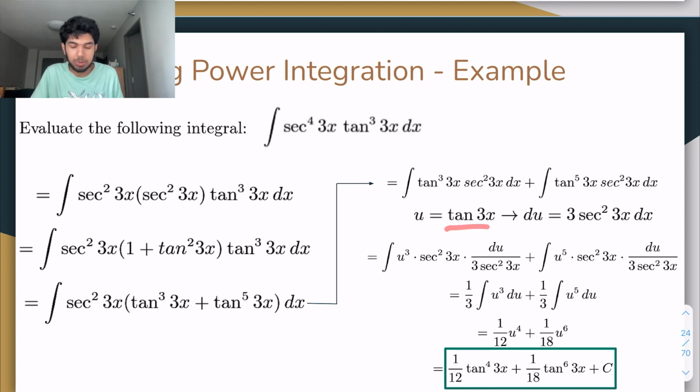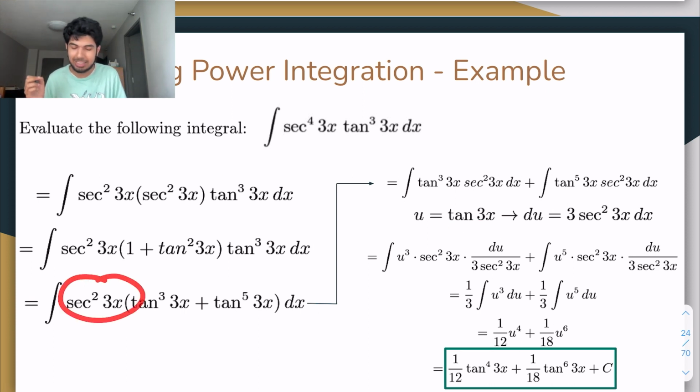We'll let u equal tangent of 3x, which means du equals 3 secant squared of 3x. So this is why we wanted to save the secant squared of 3x, because we knew further down the line we want to do u-substitution with a tangent, and du would give us secant squared of something if we're taking the derivative of tangent.